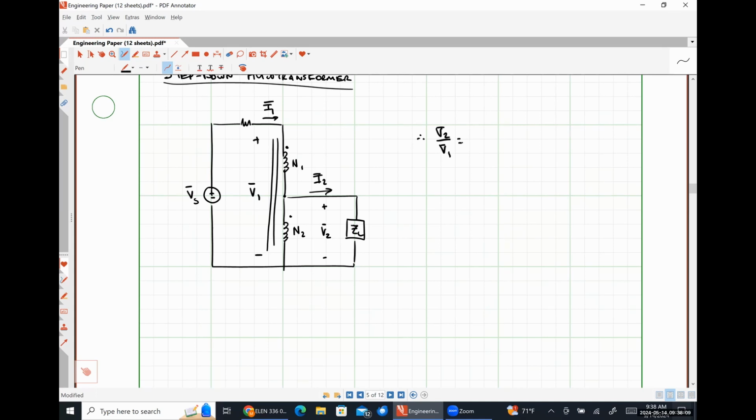Right? So it'll be N2 over N1 plus N2. And our currents will be N1 plus N2 over N2. No derivation required. Why would we need it? It's literally just the exact opposite configuration, so we should expect the exact opposite relationships.